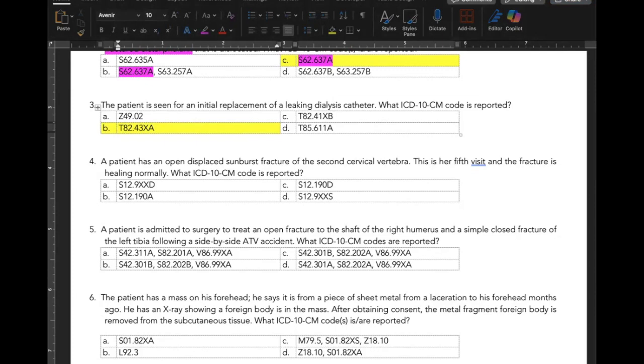Fracture? Sure. Fracture and vertebra. Okay. Yep. So fracture and then vertebra.